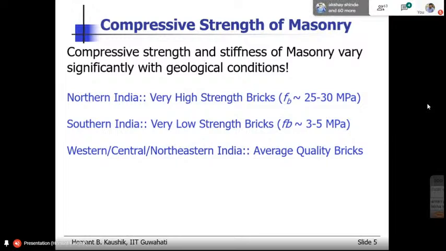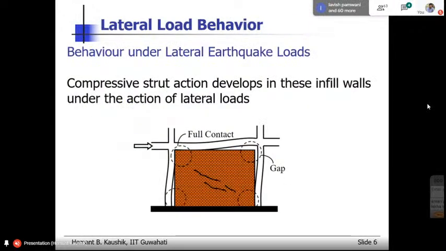The interaction between bricks and mortar is quite complex, and the failure in these infill walls depends on many parameters, including the relative strength of bricks and mortar. Okay, but still we have to design. So we will see how we do this.